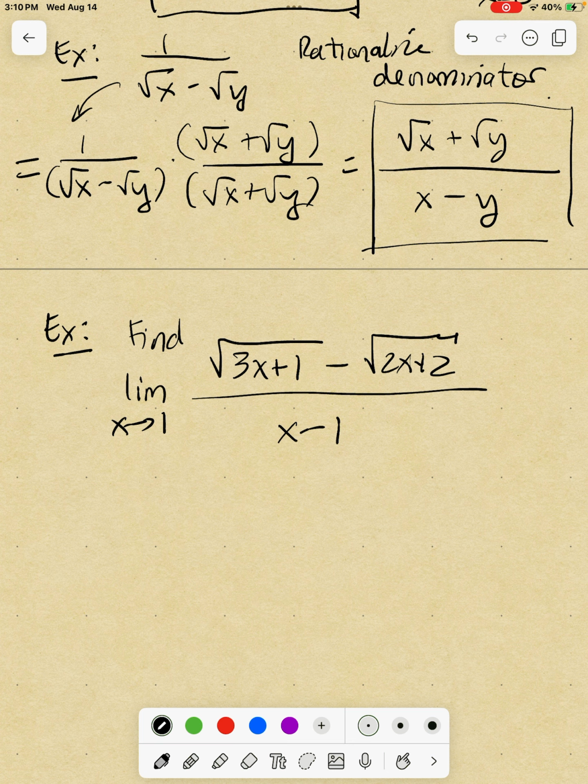And if you do that, you get 0 over 0, because you get the square root of 4 minus 4 on the top, and then on the bottom you get 0, and that gives you this indeterminate form 0 over 0, right?